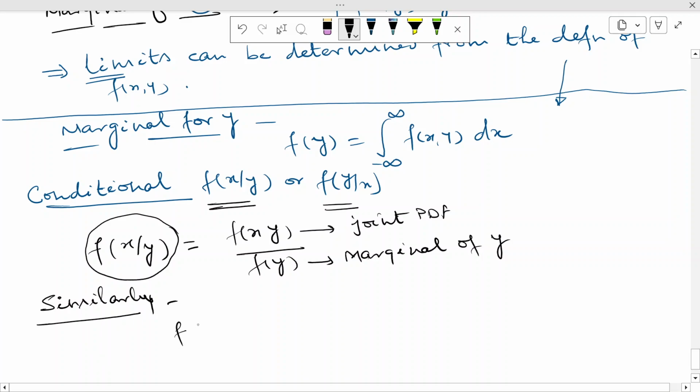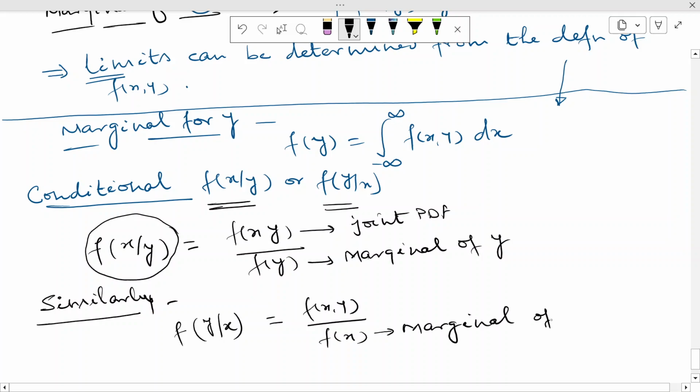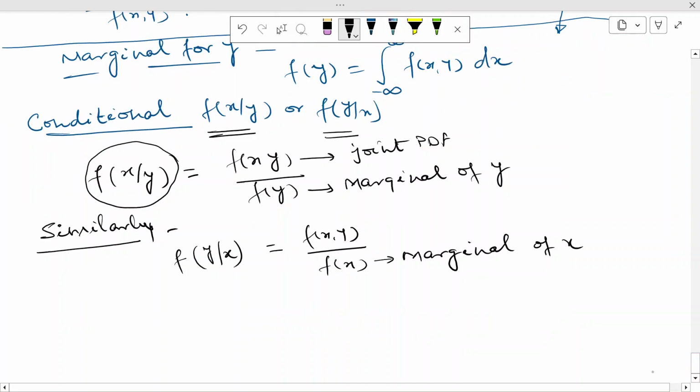Similarly, we can obtain the conditional density function of y given x, and here we again divide this fxy, meaning the joint PDF, but this time by fx, which is the marginal of x itself, right?